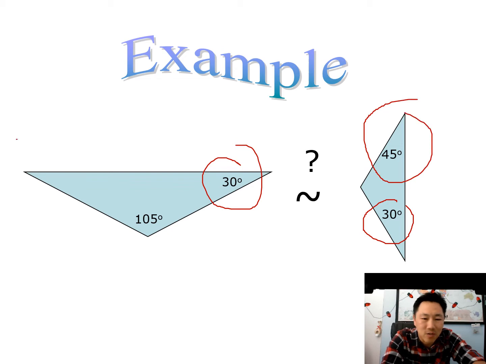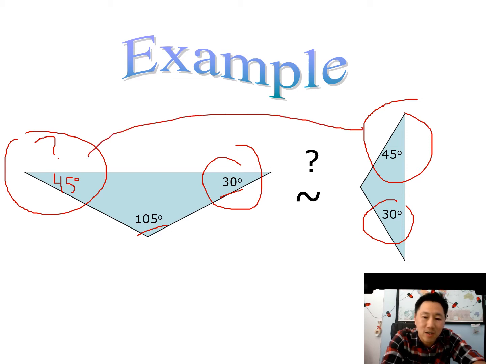Does it match up to this? Well, if you use the triangle sum theorem, 105 plus 30 plus 45 equals 180, it turns out that these two guys do match up. So we do have two pairs of angles.